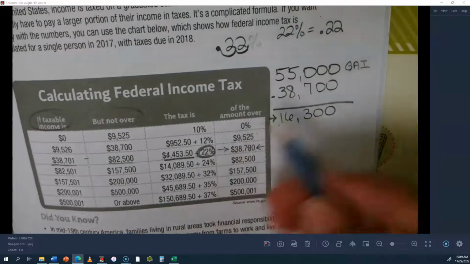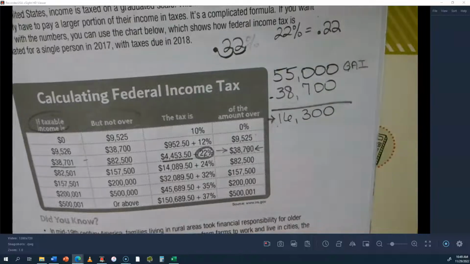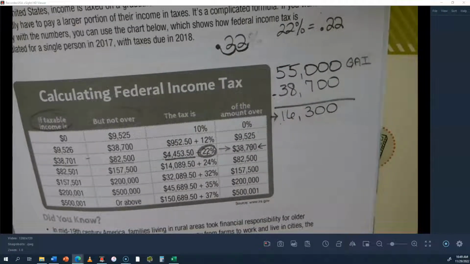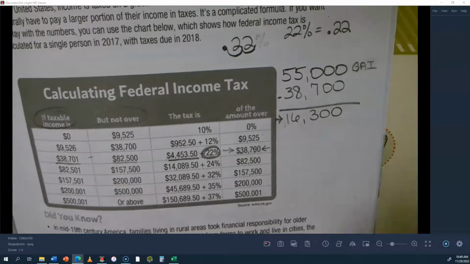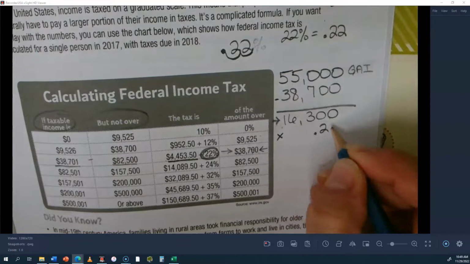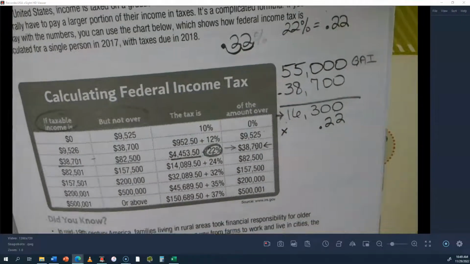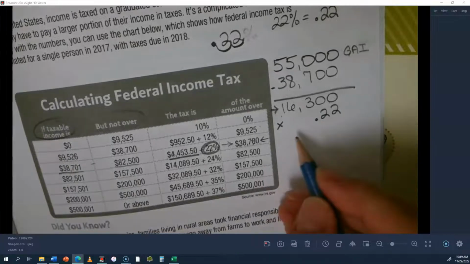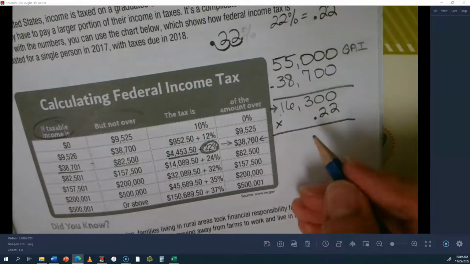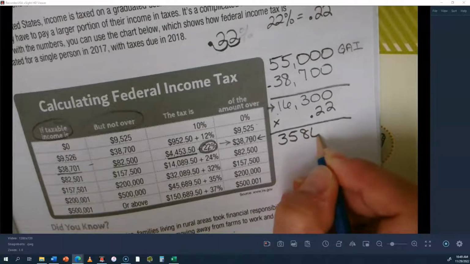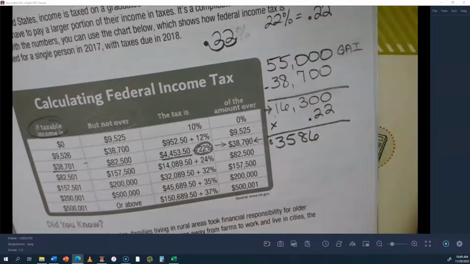So 22% of 16,300. So 16,300, and I'm going to multiply it by 0.22. And that gives me $3,586.